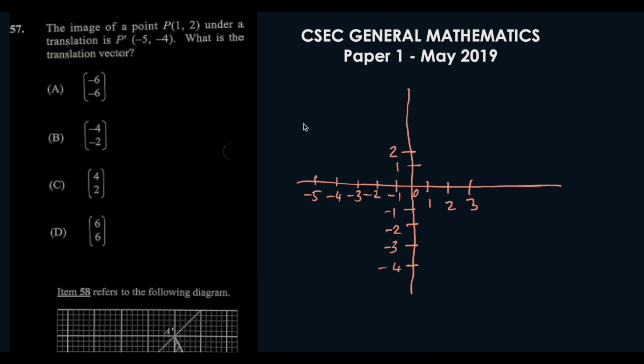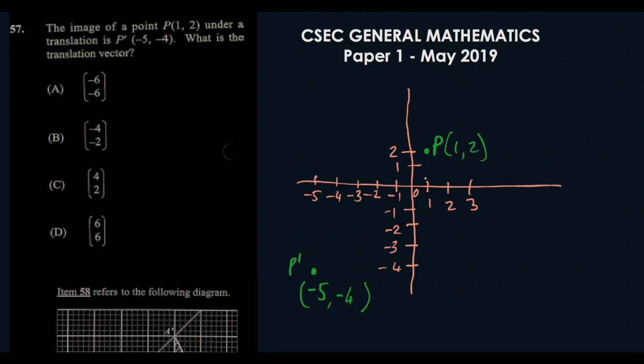We have P, which is 1, 2. So 1 on the x-axis, 2 here. So this is P. So where's P prime? P prime is -5, -4. So this is -5, -4, right? Which represents P prime. Now what we want to do is get from P to P prime.